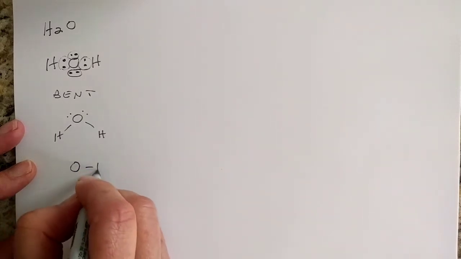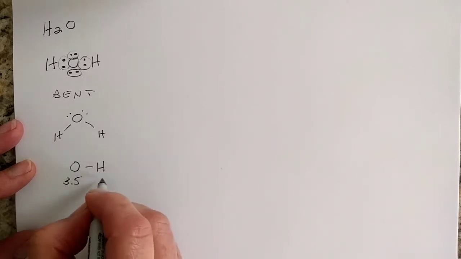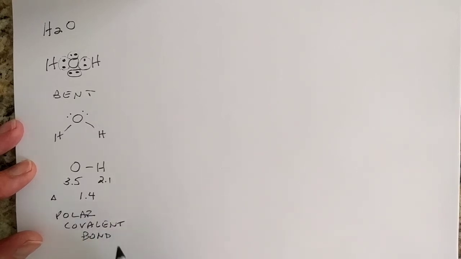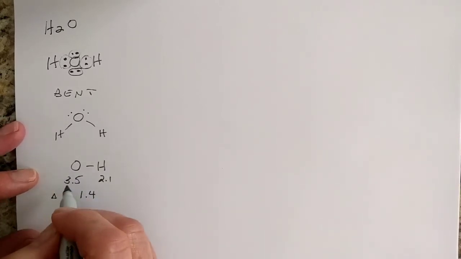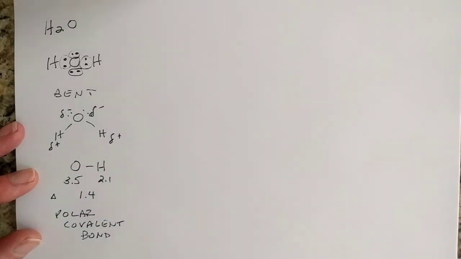We evaluate the OH bond. Oxygen, second most electronegative element on the periodic table at 3.5. Hydrogen at 2.1 for a delta of 1.4. So this is polar covalent, and it is very polar. Has a large electronegativity difference. So the oxygen has the larger value. There is a delta minus at the oxygen, a delta plus at the hydrogen, delta minus here, delta plus there.